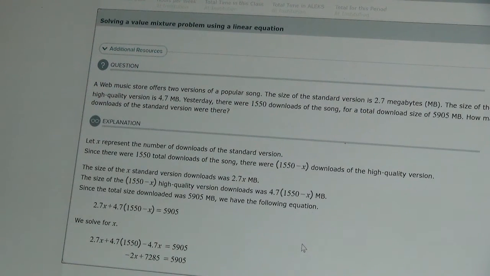How many downloads of the standard version? Again, my question is how many downloads. I'm going to look to see how many total downloads there were. And so I'm going to take my two unknowns and come up with that total. So the standard plus the high quality was a total of 1,550. The other equation has to do with my megabytes.